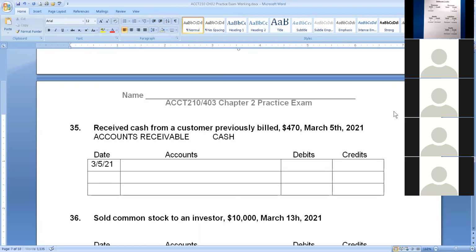Okay, let's take the easy one. Cash, is it going up or down? Up. Accounts receivable, the tricky one. Going up or down? Well, it's going to go down because now they don't owe us anymore. They owed us 470, and now they don't owe that anymore. So our cash is going to go up.